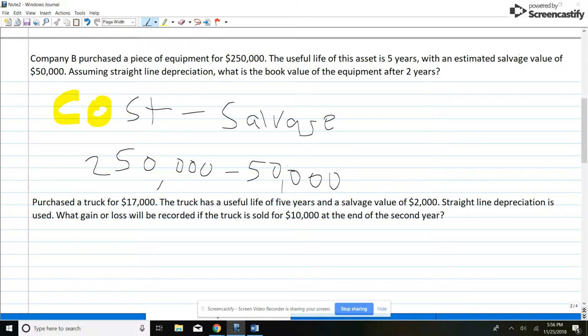If we didn't have this $50,000 in our depreciation base, we would end up valuing the equipment at zero at the end of the useful life, which we don't want to do because we can sell it for 50,000 scrap at the end of the useful life. So that's why it's included. So of course this is going to be 200,000.